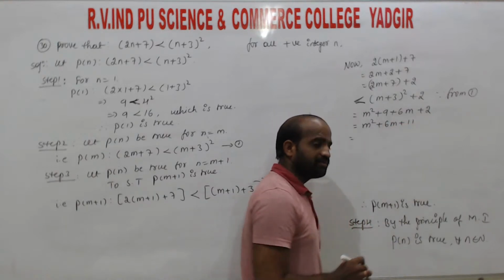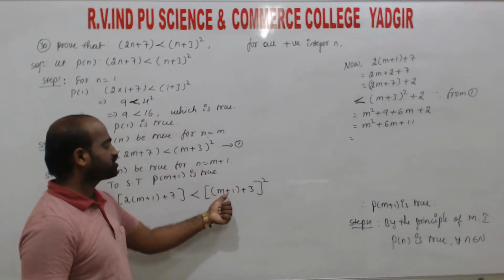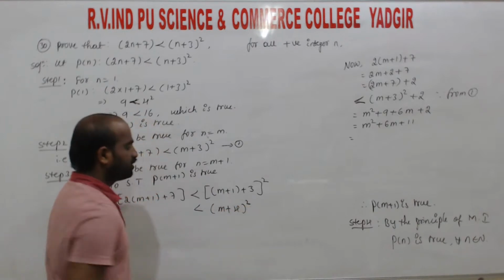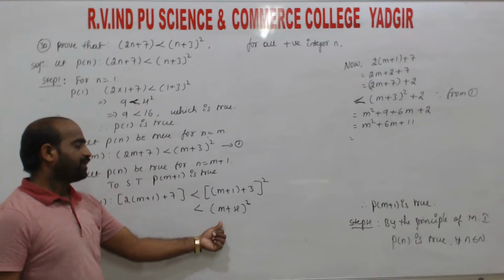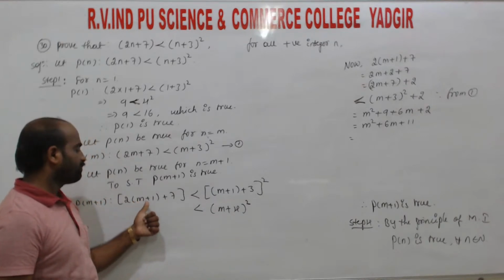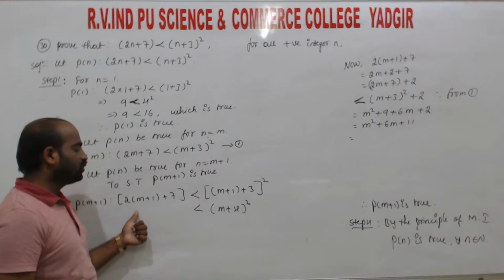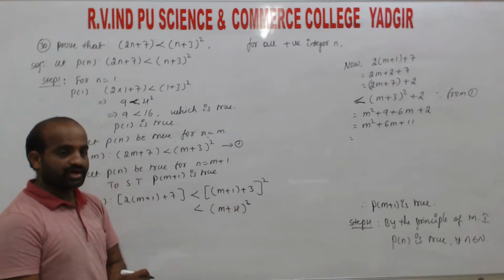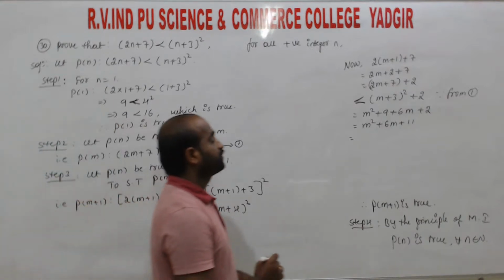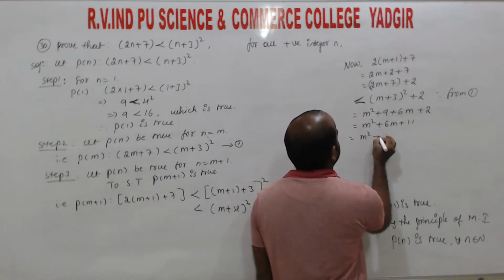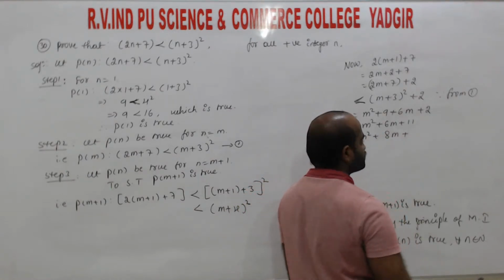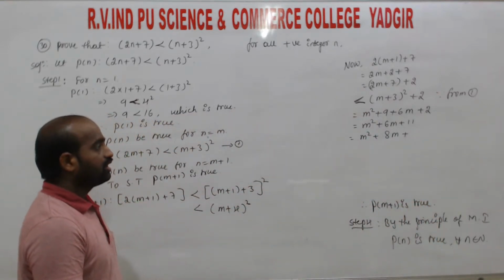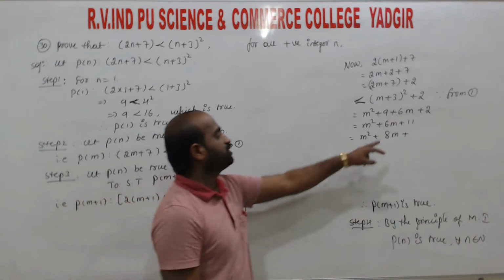This equation can be written as, then you have to prove this condition: m plus 1 plus 3, m plus 4. This means 2m plus 9 is less than m plus 4 whole square. Through this statement. Okay, m square plus 8m plus 16. Now we are taking 9, 9 plus 2 is 11.